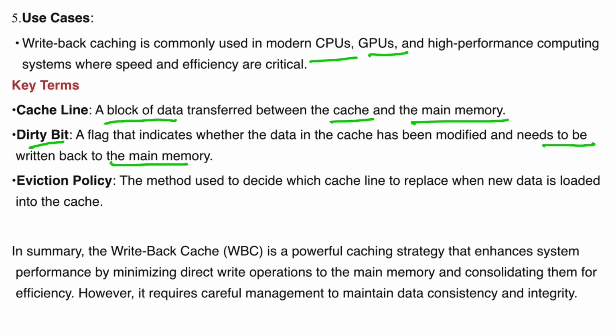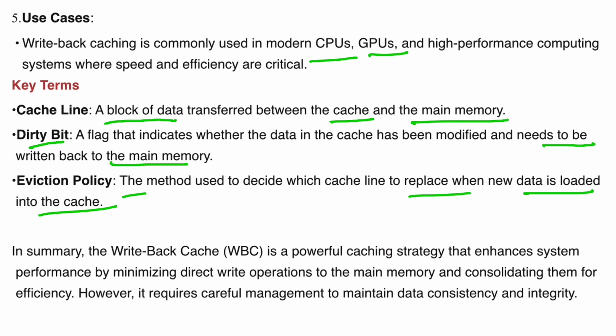If data has been modified inside the cache, then it will have to be written inside the main memory. Eviction policy: this is the method used to decide which cache line to replace when new data is loaded into the cache. So according to this policy, data will be unloaded from the cache, or will leave the cache memory, and will be loaded inside the main memory.